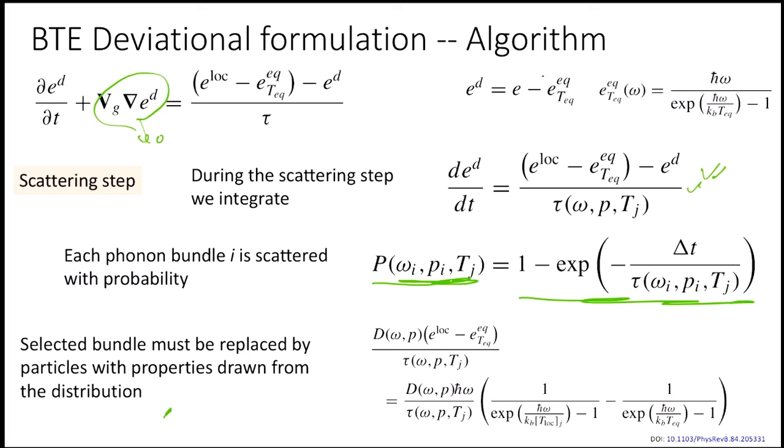Basically, if I assume this to be some L of E_D, and you have to integrate this step, let's do it a little bit so that you get the idea. Del E_D by del t, and let's assume there is some function.